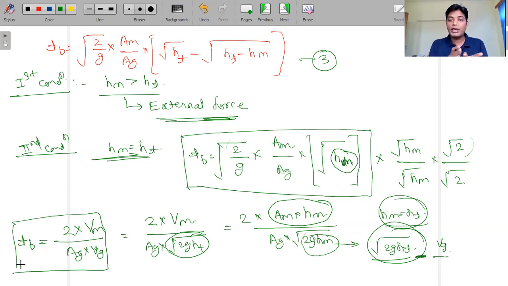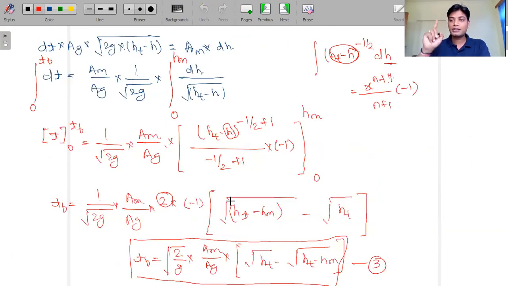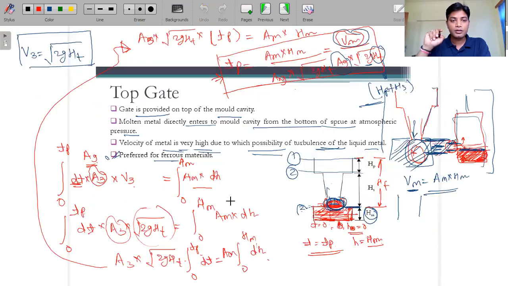Guys, why am I writing this equation? Because if you see this equation, Vm upon Am into Ag, just compare it with what we calculated here.